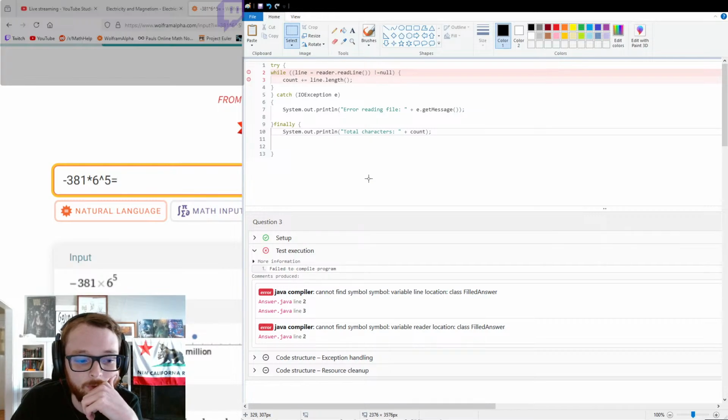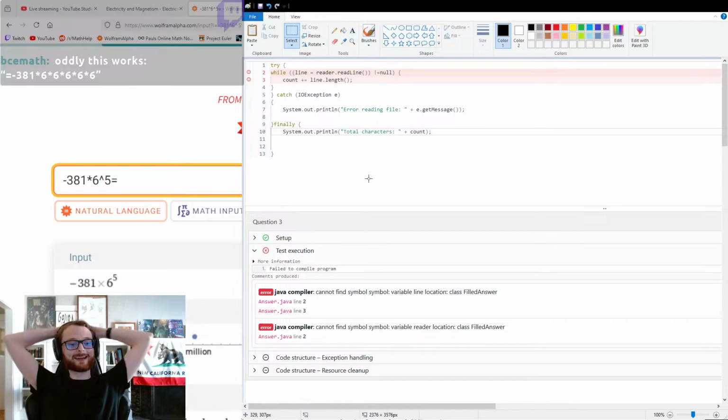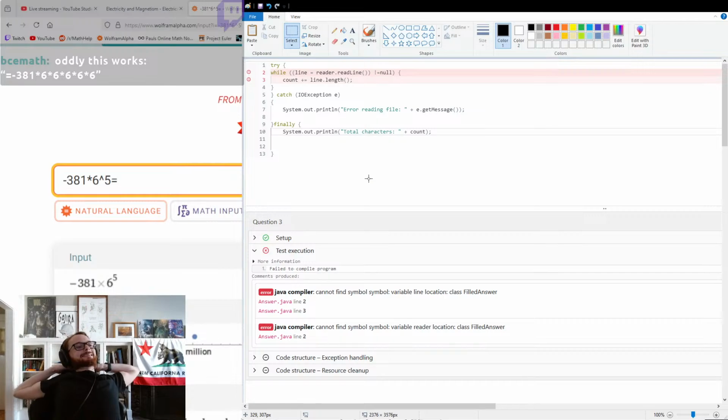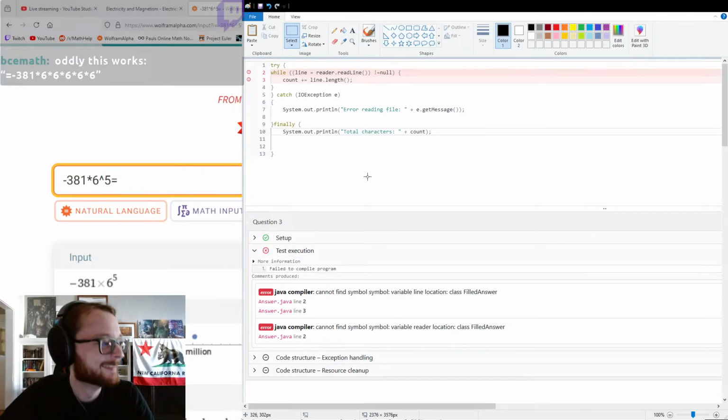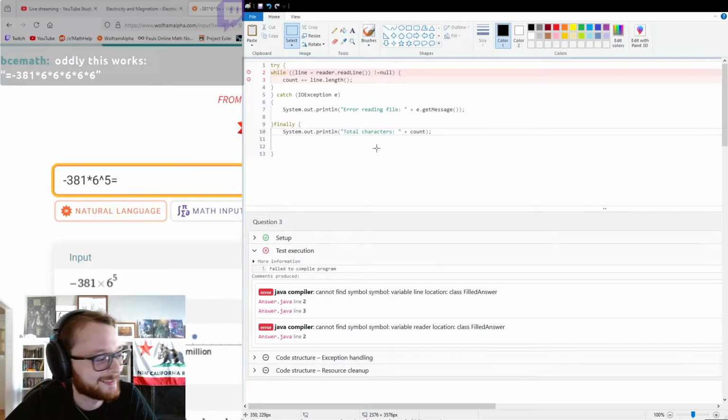I don't know what this one means. I'm not going to write that out though. I don't know why that one would work, but I don't get why Wolfram Alpha does that. I guess it has something to do with using the caret symbol.